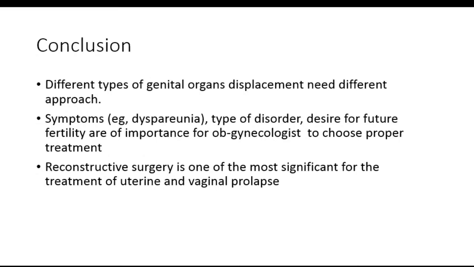And reconstructive vaginal surgery usually is one of the most significant for the definite treatment of uterine and vaginal prolapse in patients with abnormalities of the location of the uterus and bowels.